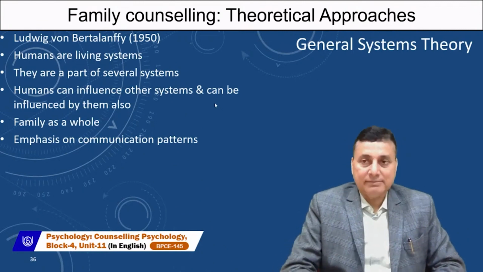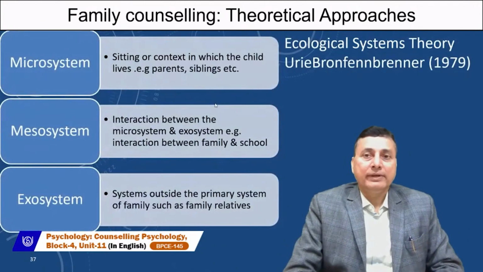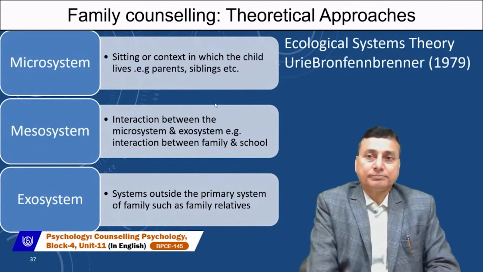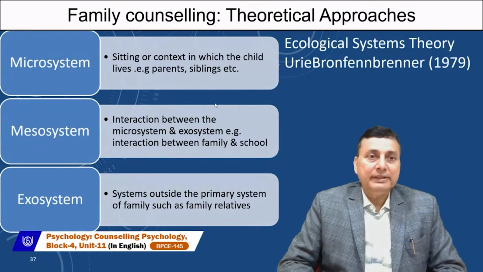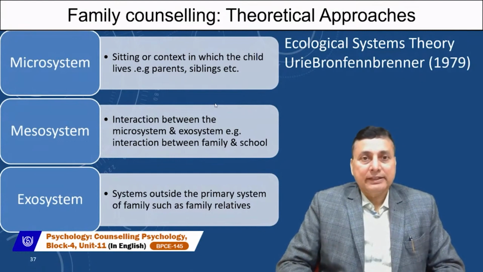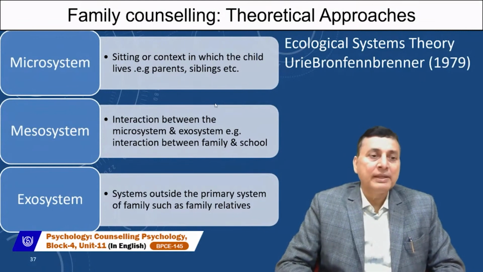So this general systems theory talks about this, whereas ecological system theory talks about the microsystem within the family, like a setting or context in which the child lives, for example parents, siblings, etc. Mesosystem, like interaction between the microsystem and exosystem, for example interaction between family and school.